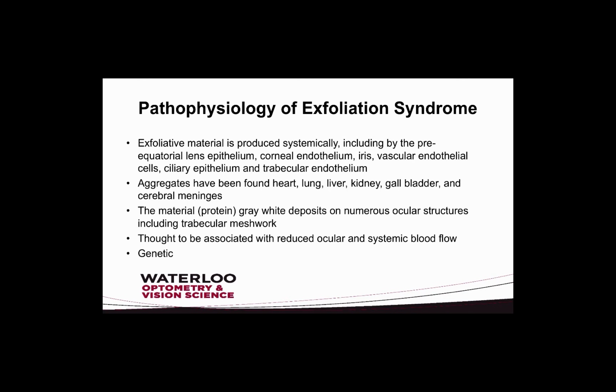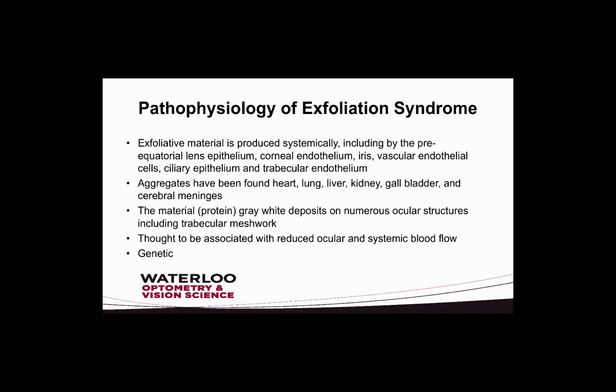The exfoliative material is produced by the lens, corneal endothelium, the iris, vascular endothelial cells, ciliary epithelium, and the trabecular endothelium. And as I mentioned, it can be produced in other structures of the body, so it's also found in the heart, lung, liver, kidney, gallbladder, and in the brain.